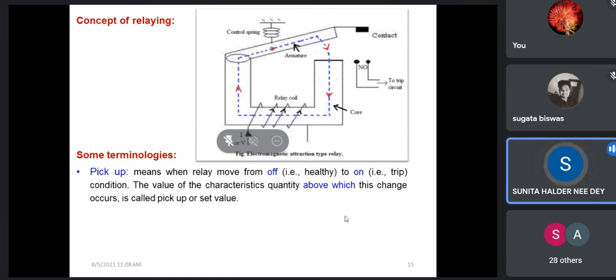And reset current is the maximum current for which the relay will withdraw its operation, withdraw its closing contact, right? So below the reset value, all the current will stop the relay operation. That means the relay again will be at the reset condition.